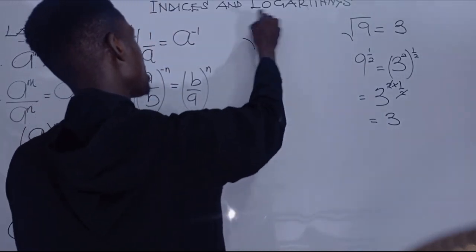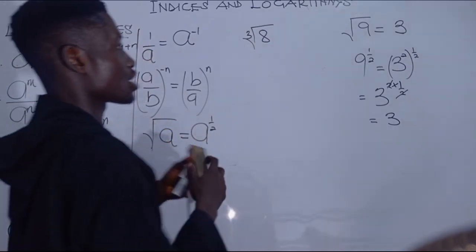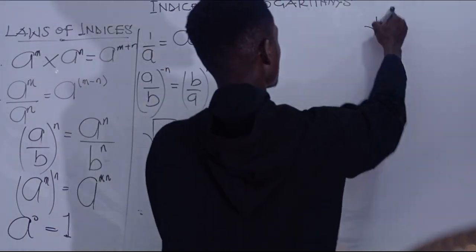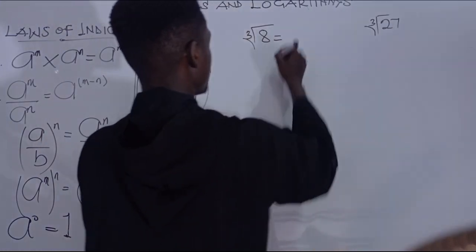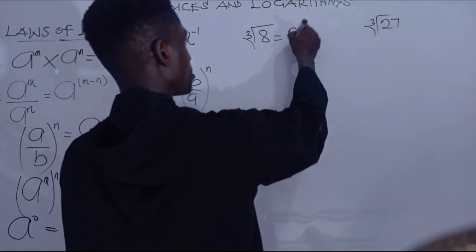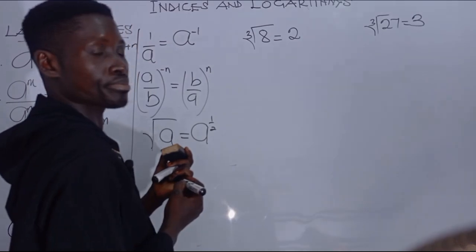We have cube root of 8. We want to find the cube root of 8, and then we want to find the cube root of 27. Now I believe you are saying that cube root of 8 is 2, and then cube root of 27 is 3.